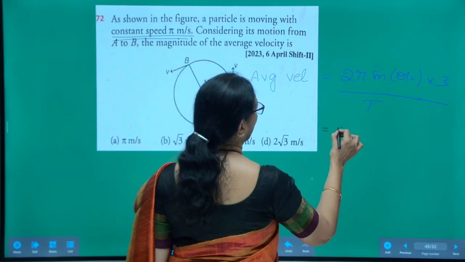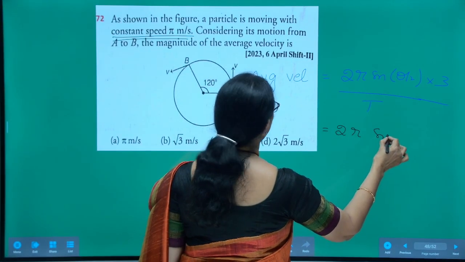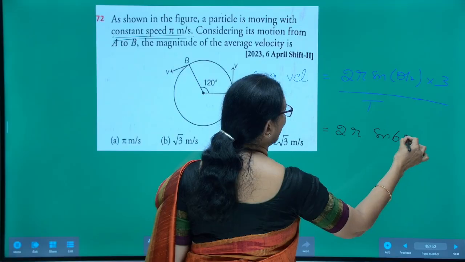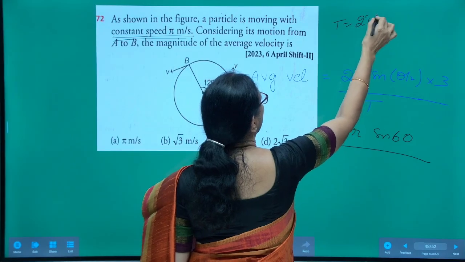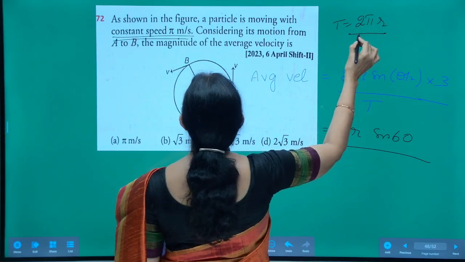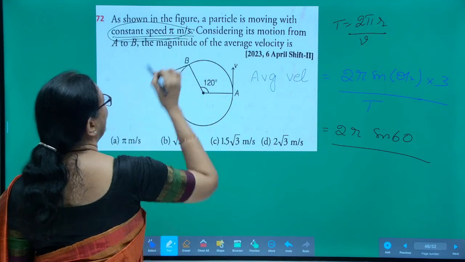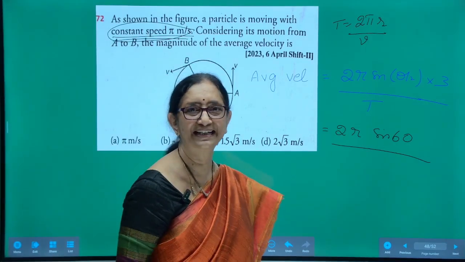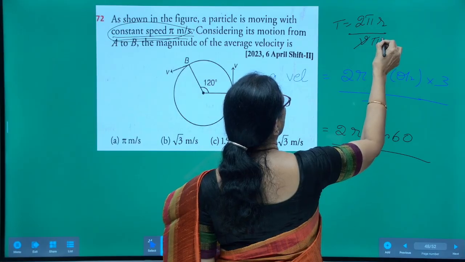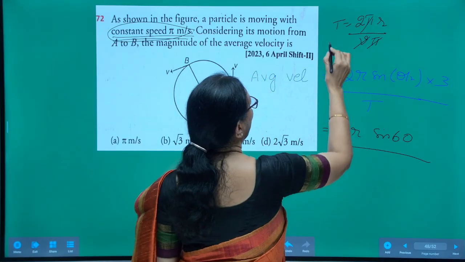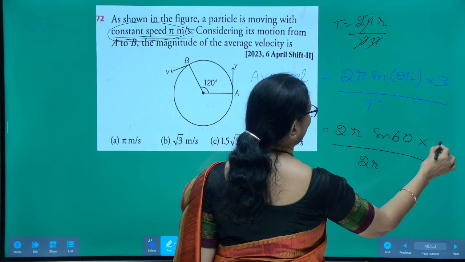Look here. 2r sin(120 by 2), sin 60, by the time period of revolution, which is 2 pi r by v, because here v is given, it's moving with a constant speed v. So v is pi, so pi and pi get cancelled, T is equal to 2r by 3.